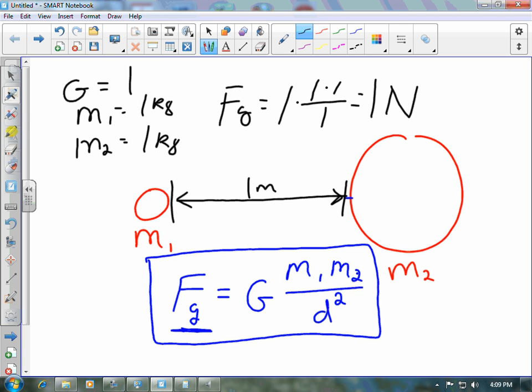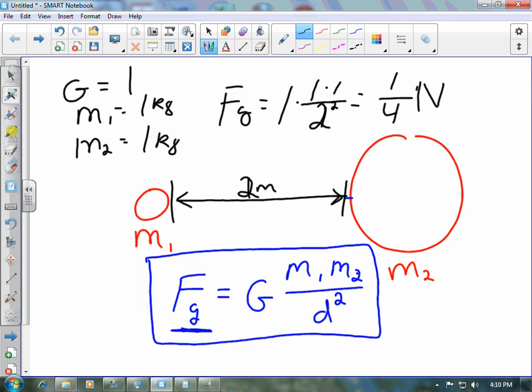Now, let's say the objects are 2 meters apart. Remember, it's d squared, so 2 squared is what? 4. So now it's 1 over 4. It's 1/4 of the original force, but we only doubled the distance.